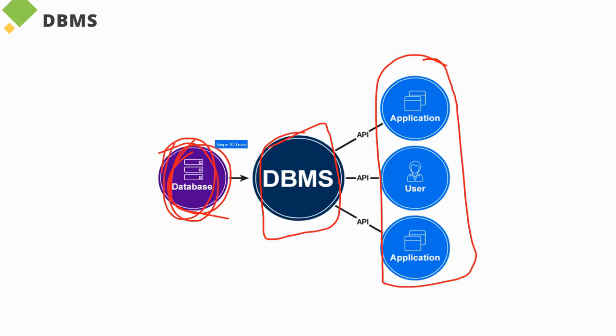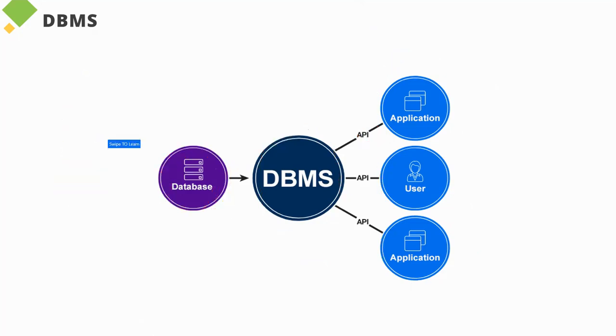This is a fixed storage location, and this is a user who will be using either an application or software. This mediator is called the DBMS, and we connect this DBMS system, that is a software interface tool, with an API. API stands for Application Programming Interface. With the help of an API, we are connecting the different database systems to the application or the end user.